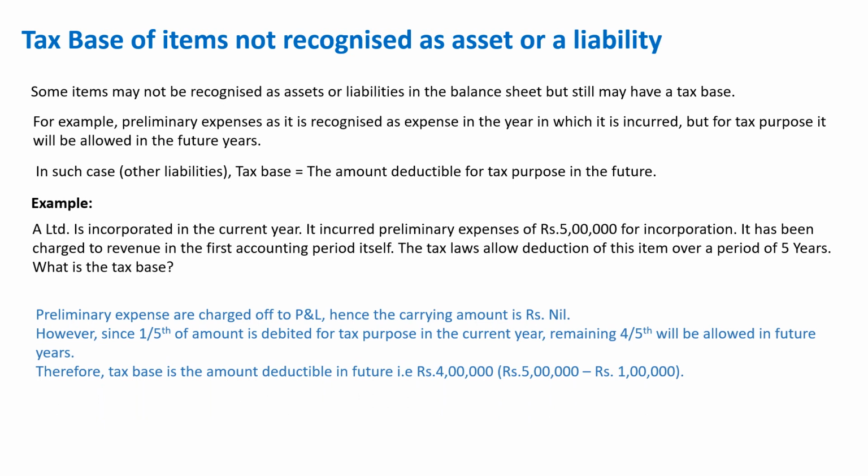Hence the carrying amount is nil as per the accounting records. However, since 1/5 of the amount is deducted for tax purpose in the current year, the remaining 4/5 will be allowed in future years as per the tax laws. Therefore, tax base is the amount deductible in future, that is rupees 4 lakh: 5 lakh minus 1/5, that is 1 lakh.